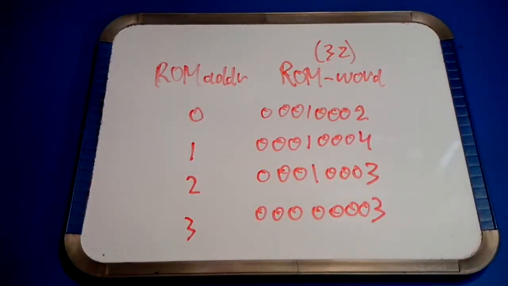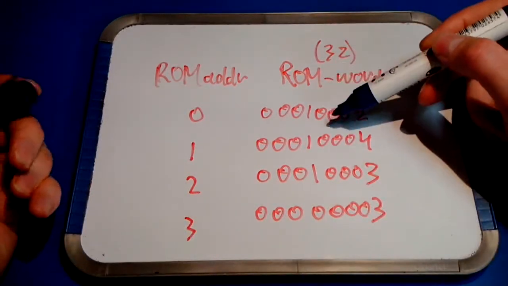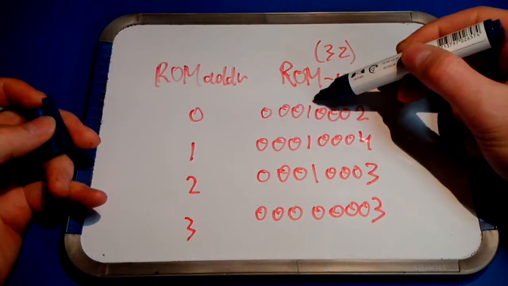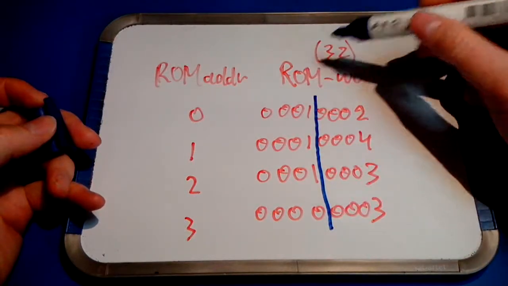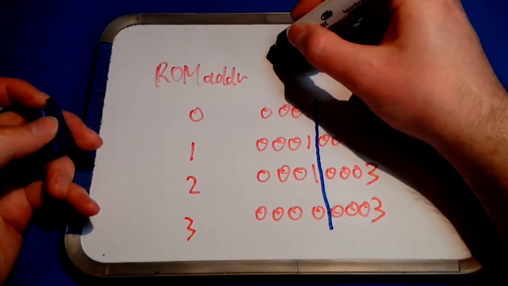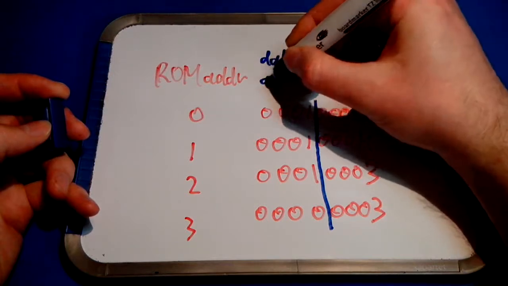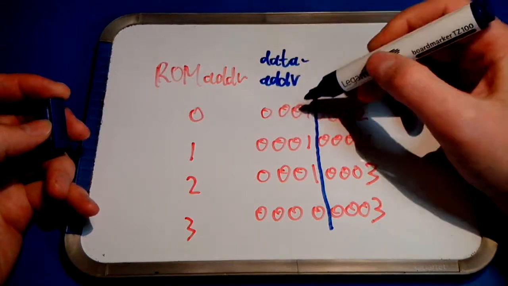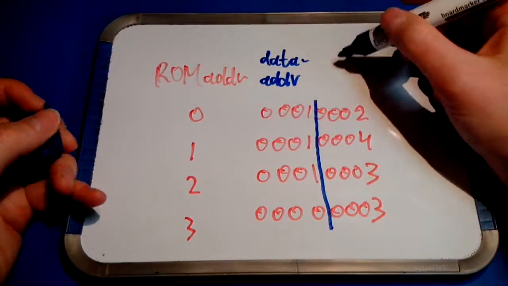So remember from a previous video that each ROM word, so each program word, can be divided into two 16-bit fields along this line. The higher 16 bits are a data address of the bit to invert in each instruction.